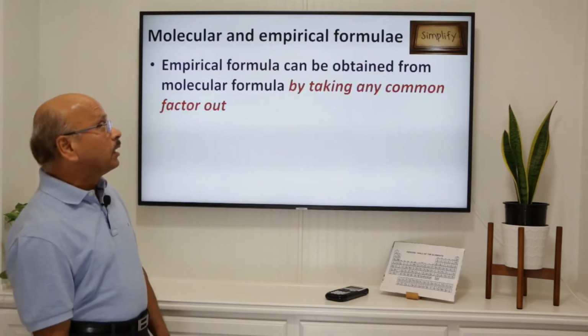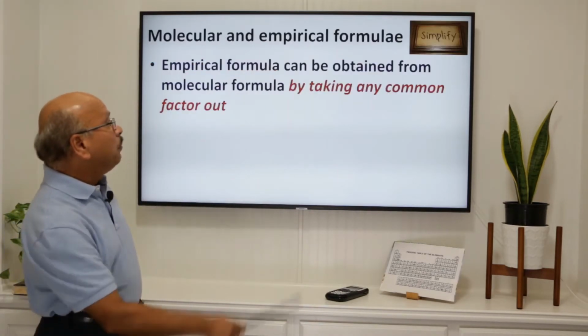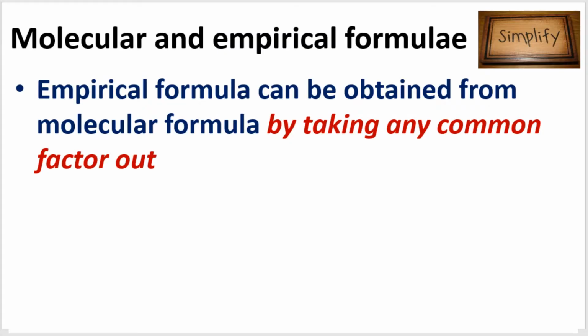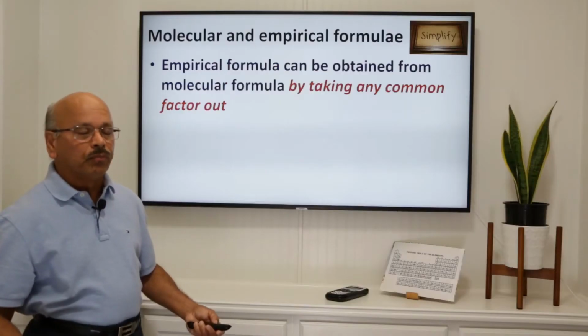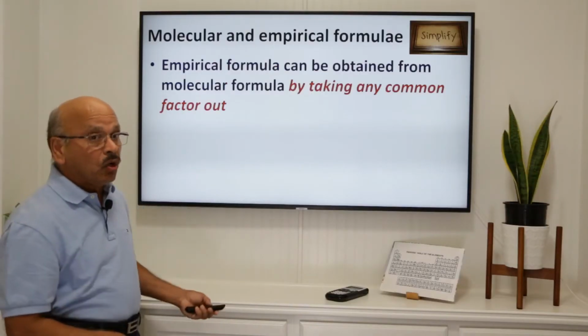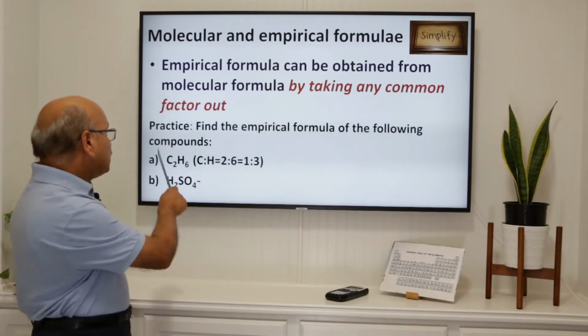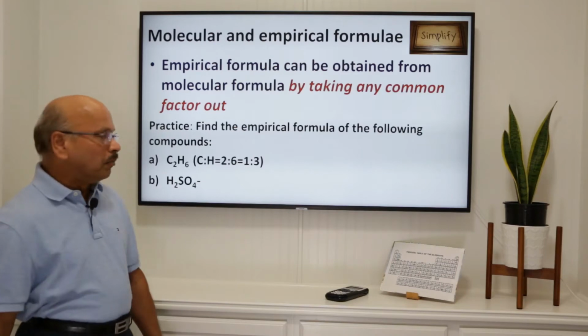Okay, let's take a little example. Empirical formula can be obtained from the molecular formula by what? Taking any common factor in the molecular formula. So it's pretty easy if you want to go from the molecular formula to the empirical formula. For example, take the compound C2H6.